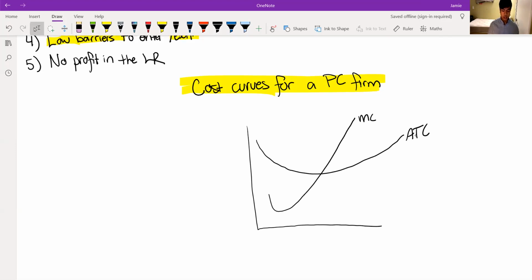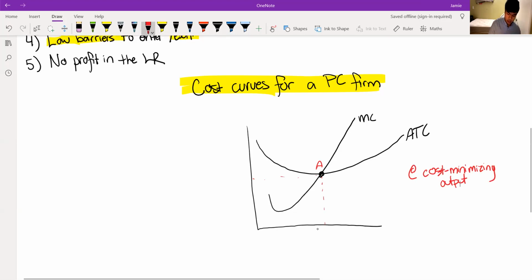And so at point A, at this output level, this is called the cost minimizing output. Meaning at this level of production, let's call it QA, this is where our average total cost is at a minimum. So we're minimizing our cost on a per unit or average basis.